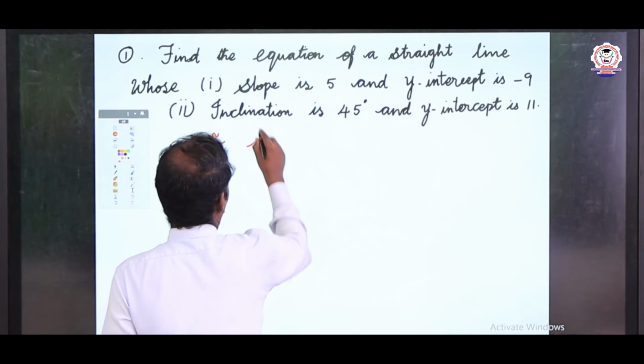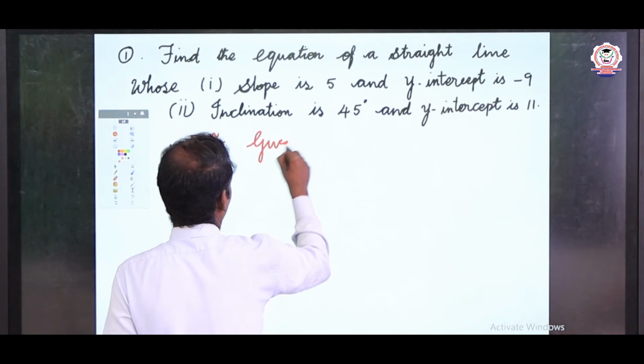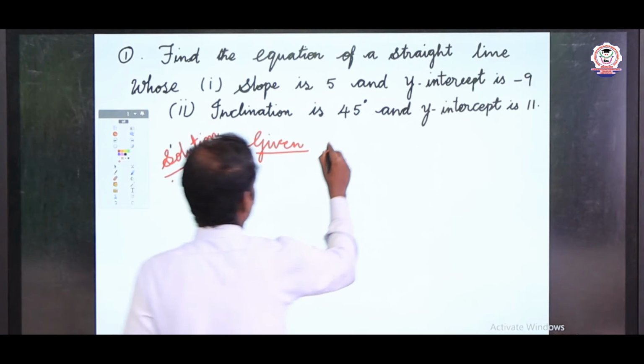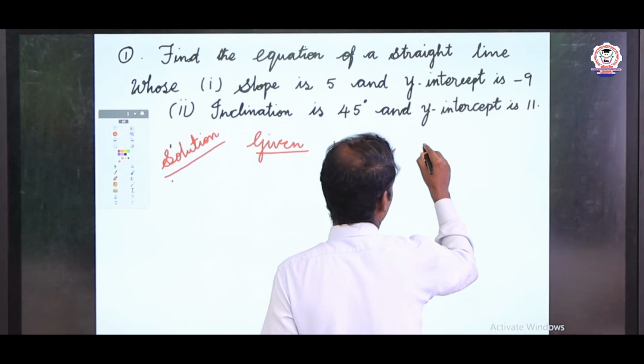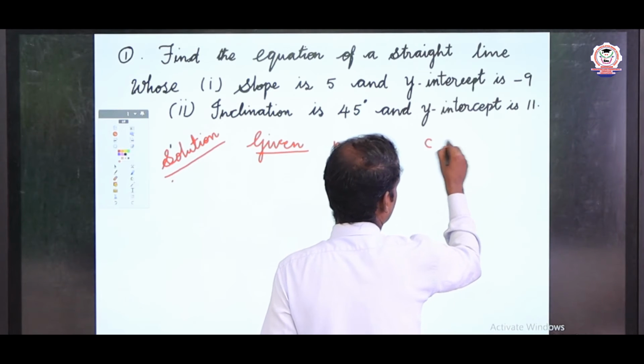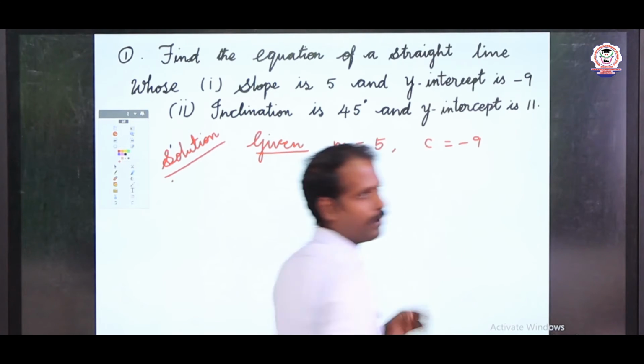Solution: given slope, that is m value is 5, and y-intercept, that is c, equal to -9. These are the given values.